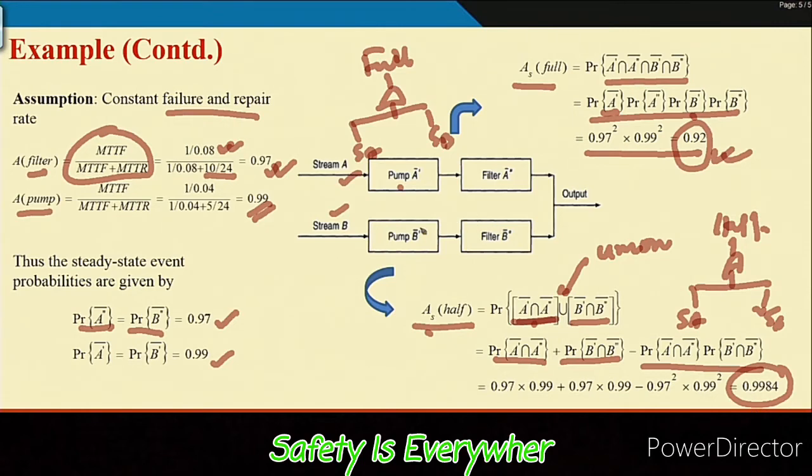We will see how to calculate the same thing for the second alternative, when we have three identical streams A, B and C.